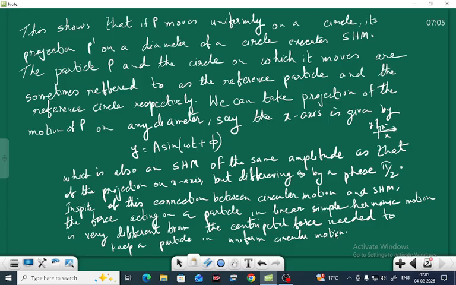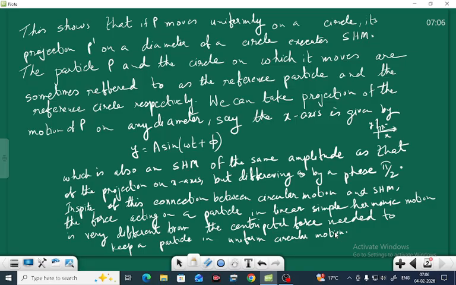Yes, because we already know that uniform circular motion is not a simple harmonic motion. It can be considered so only when the particle has a projection on the diameter, and the particle is referred to as the reference particle and the circle as the reference circle. Only then is that projection of the particle on the diameter considered a simple harmonic motion, right? So uniform circular motion is not a simple harmonic motion, but the projection of a particle executing uniform circular motion on the diameter is the same as simple harmonic motion.